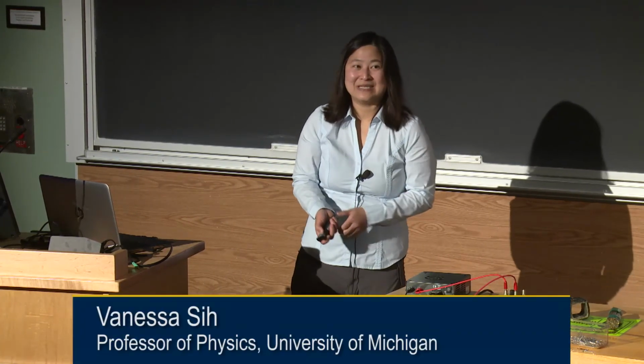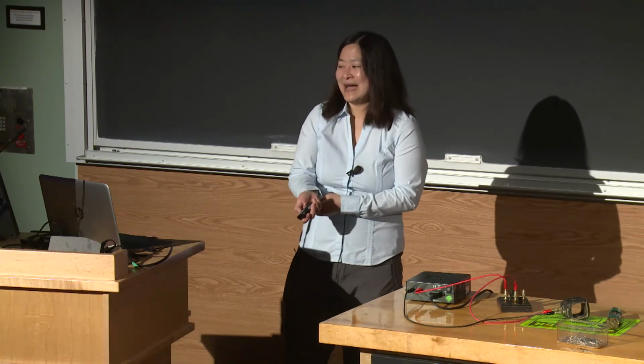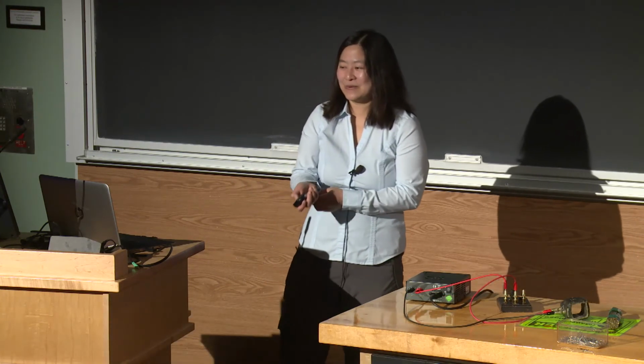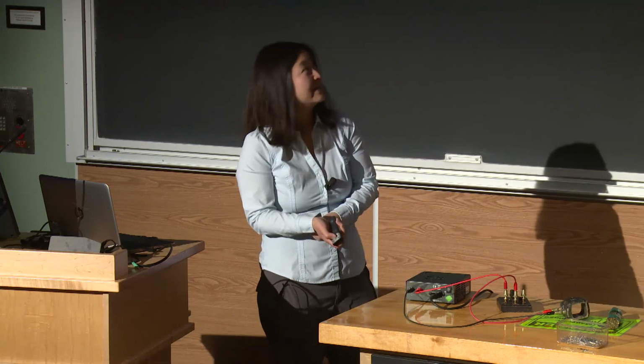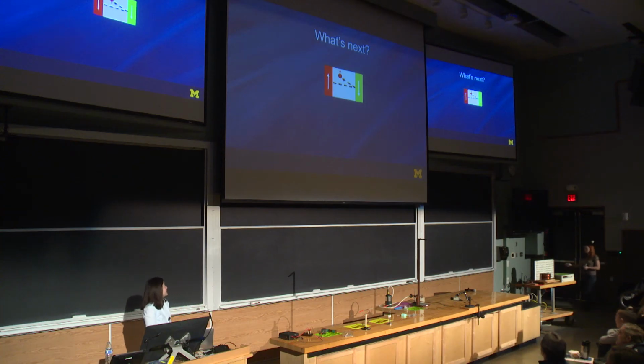So then the question is, what's next for magnetic technologies? We have this spin valve giant magnetoresistive effect. An interesting thing about this picture is that I mentioned what happened to the current, whether it's low resistance or high resistance, depending on this alignment.